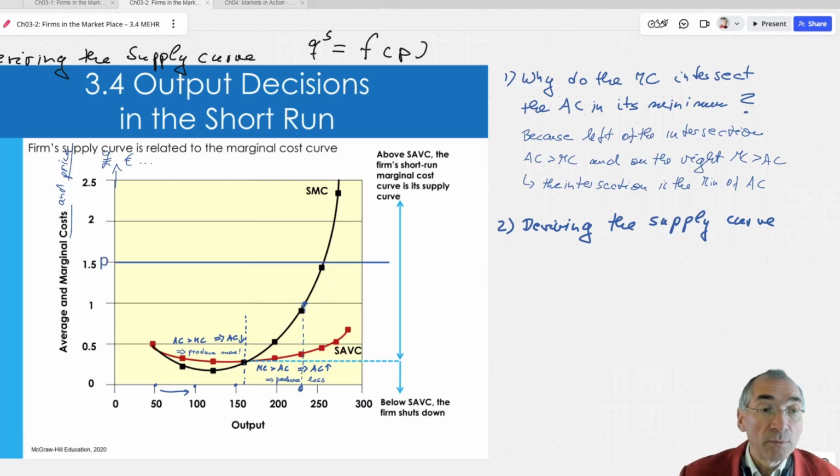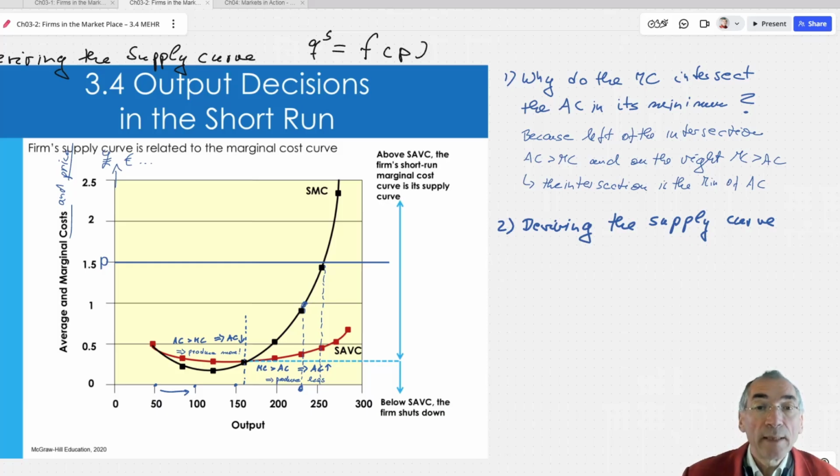At a price of 150, the firm would say, I earn more, so I can make more units. I'm willing to supply 250, 260, let's see, that might be 255 or something like this. And that is going to hold for each and every point of the short-run marginal cost curve.